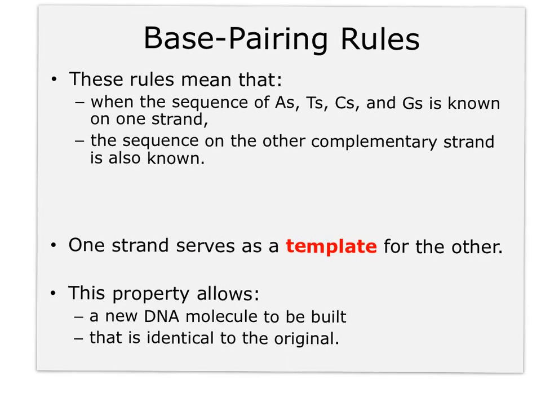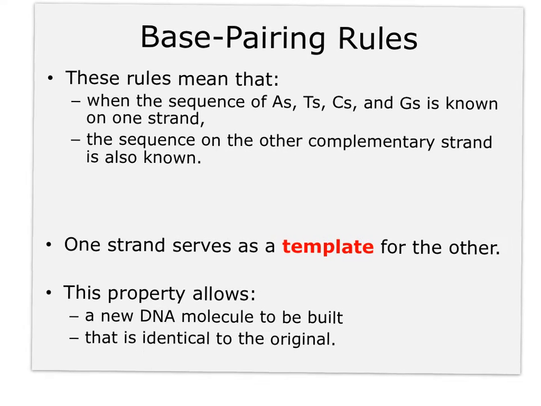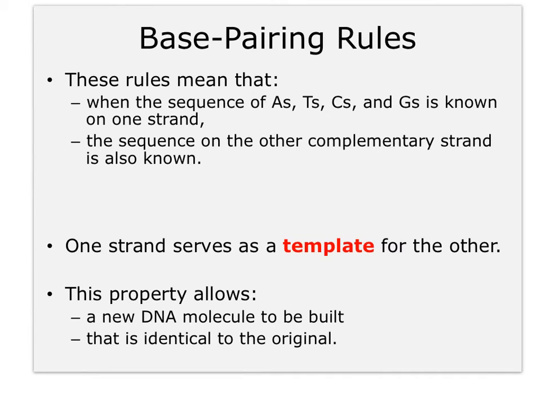So when we know the sequence on one strand, because complementary base pairing holds the two strands together, and the rules are A's always go with T's, and C's always go with G's, that means anytime you have a sequence of one strand, I'm just going to make something up here, what would be the sequence of the other strand?